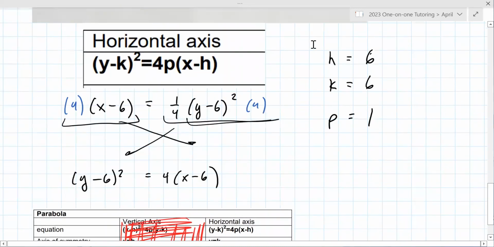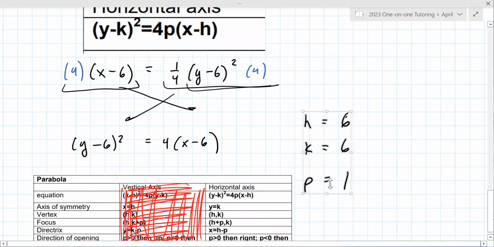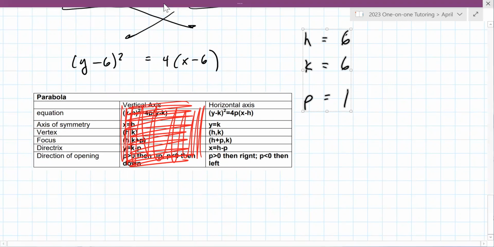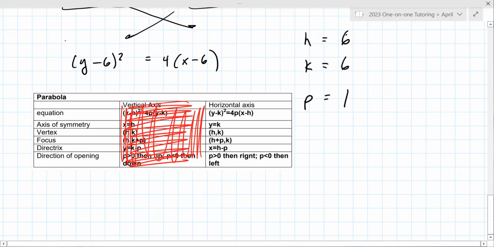Let me just bring those values down so we've got them in our sight here. So from here, you have to find the axis of symmetry, the vertex, the focus, and the directrix. And notice that all of these come from h, k, and p. Okay, so let's go one by one here. What is the axis of symmetry?